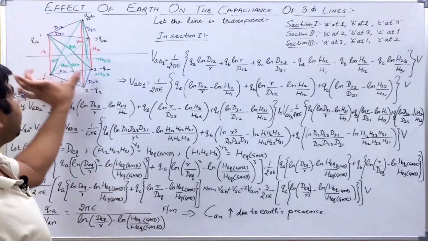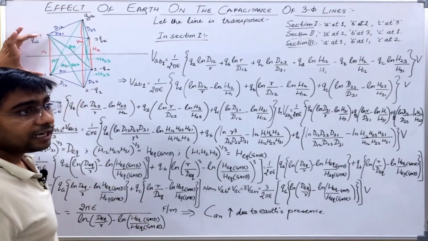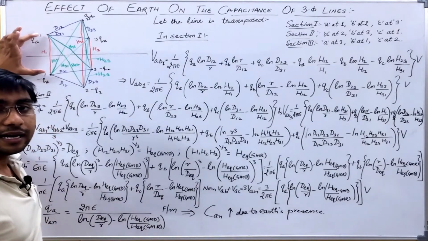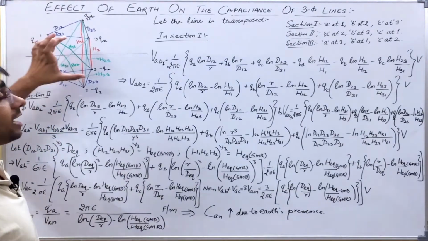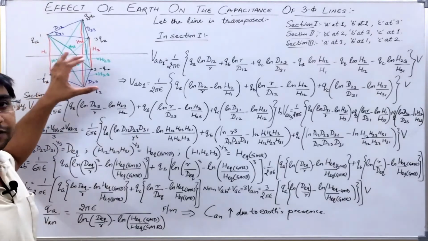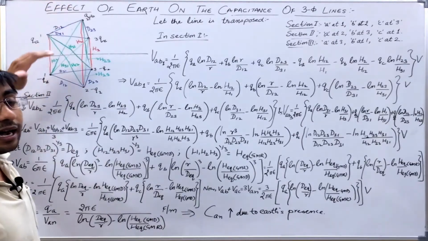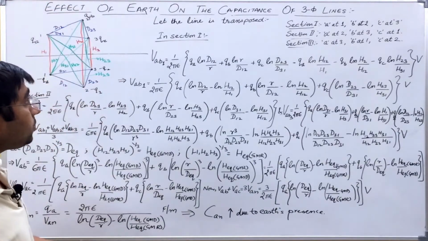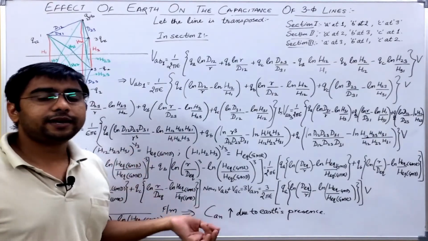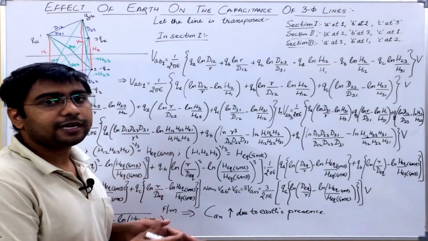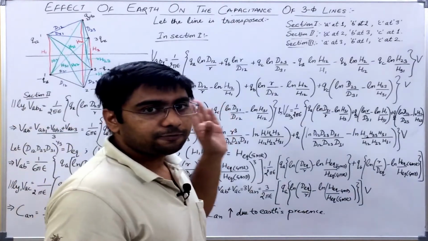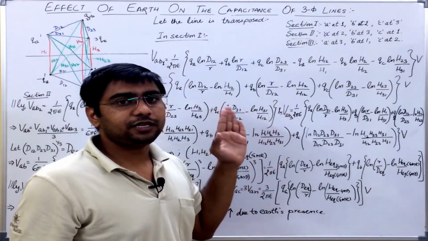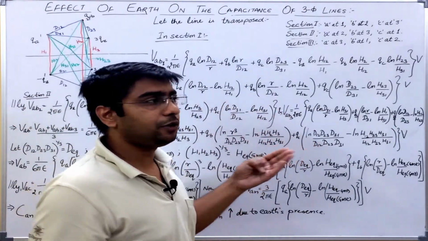First, the original distance; second, the distance between the conductor and its image; and third, the distance between the conductor and other images. I am also considering that the line is transposed, and we will see three sections as we saw in previous videos.